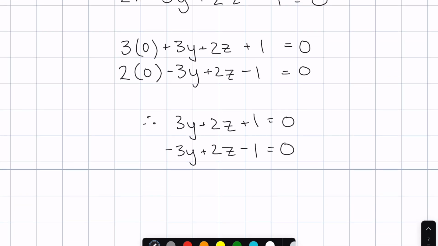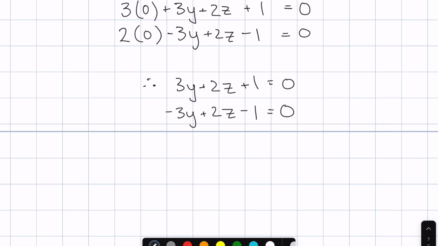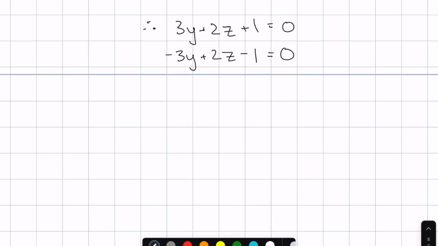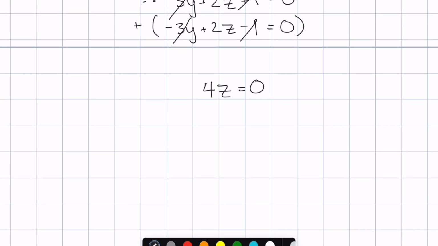Okay, now I have two equations and two unknown variables, so I can solve using whatever method I want for each of those variables. I'm going to add these two equations together to use the elimination method. That's going to eliminate, and that's going to eliminate, and I'm going to be left with 4z equals 0. And now I can plug that into one of my equations.